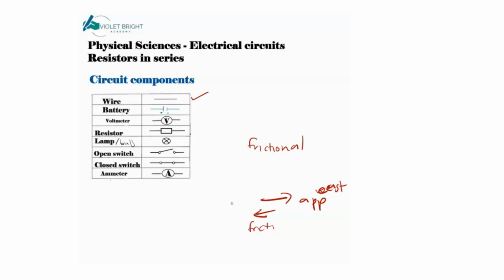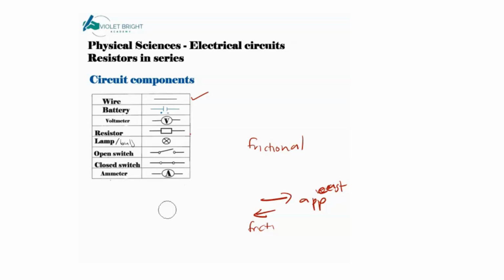But in actual fact, a resistor is an electrical component that resists electricity. It reduces the current flow.